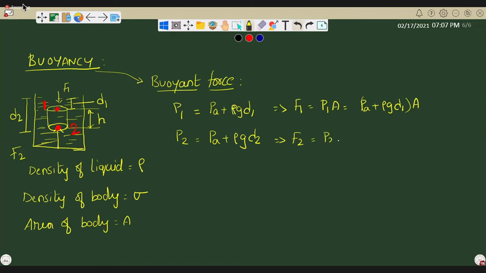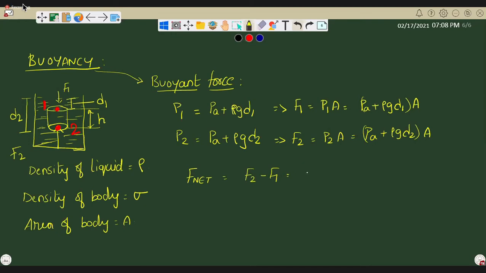F2 is equal to P2 into A, which is equal to P atm A plus rho g D2 into area, right? So what is the net force acting on this body? F2 minus F1.